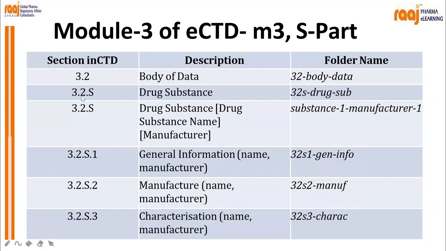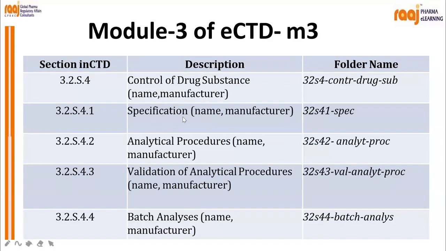So you can see 3.2.S, this is drug substance, again divided into S1, S2, S3, S4, S5, S6, and S7, which talk about general information of that drug substance, manufacture, characterization, control of drug substance, specifications, analytical test procedure, validation of analytical.